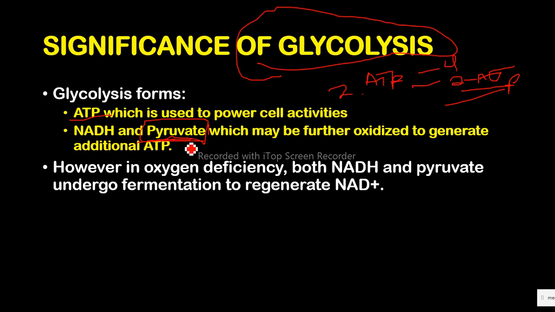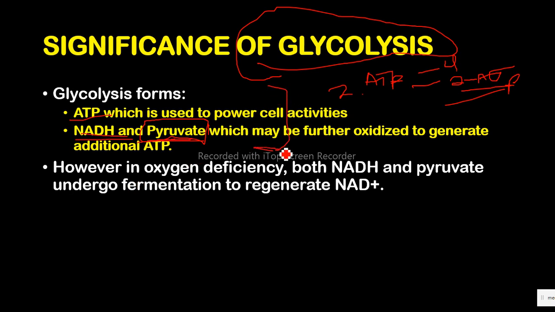And the reduced NAD is also shunted to the membrane system for further oxidation to produce the energy. But that happens only if oxygen is there.